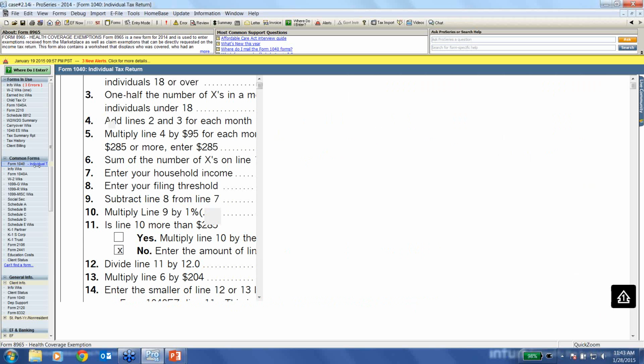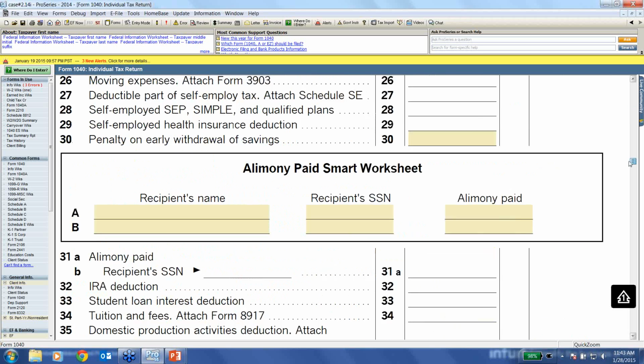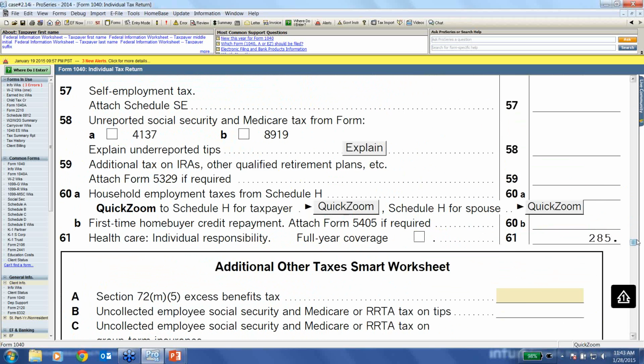We go over to the 1040, and we'll see that it comes in on line 61. $285. So in this example, it flip-flopped. In the prior example, 1% of household income was greater. In this one, the flat dollar amount was greater. And we will continue to build on that.